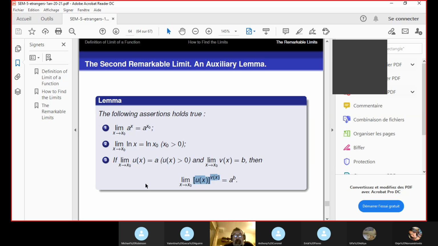If I take two functions, u of x and v of x, and I want to find the limit as x goes to x0 of u of x to the power v of x, and I know that the limit of u of x, which is supposed to be strictly positive, is a, and the limit as x goes to x0 of v of x is b, then the whole limit is a to the power b.